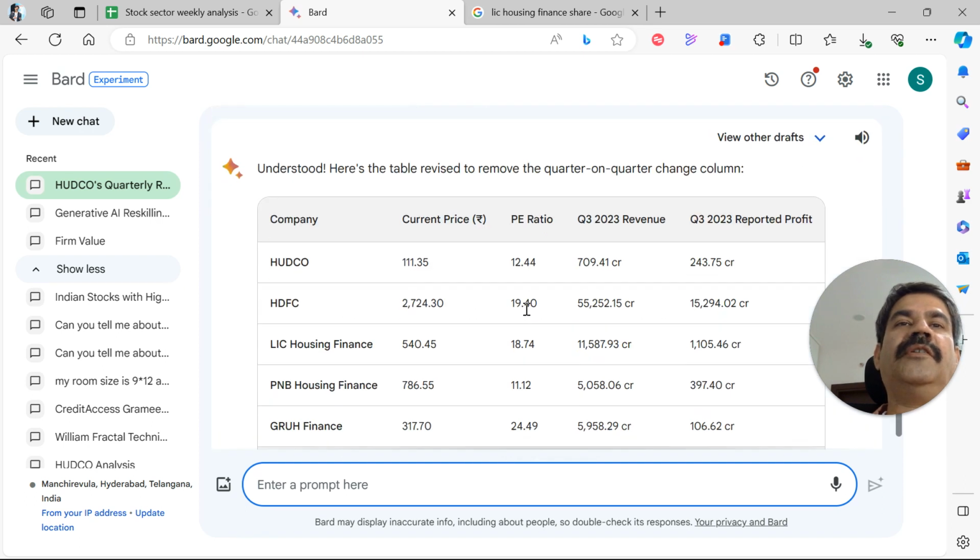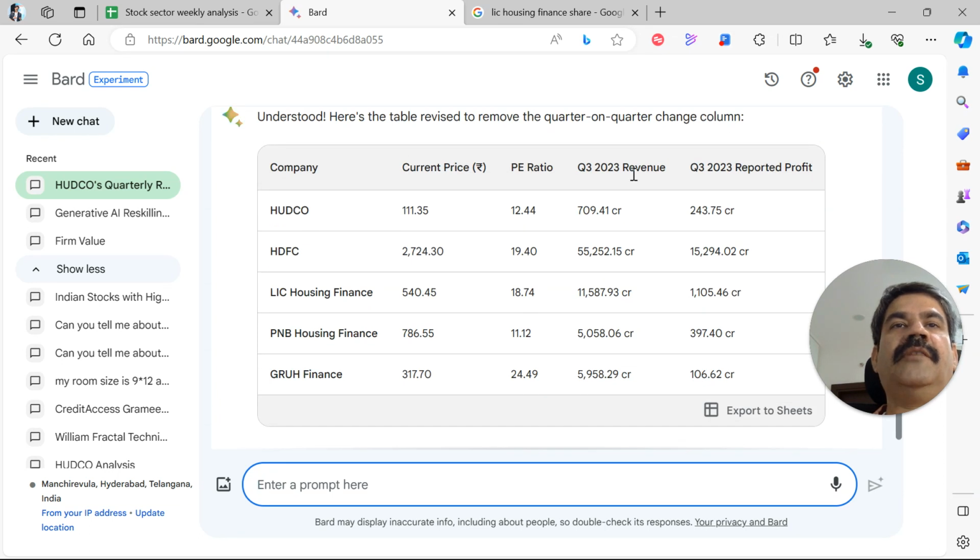So now it has gotten me the set of companies with quarter 3 results, quarter 3 23 revenue, quarter 3 profits, and compare. Also include column for previous quarter revenue and profit column for previous quarter for each of these companies.